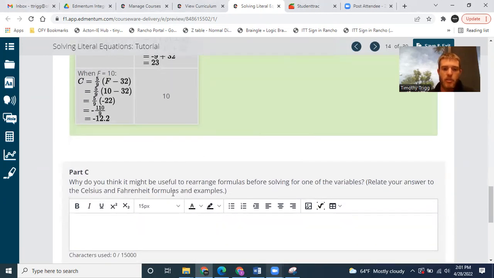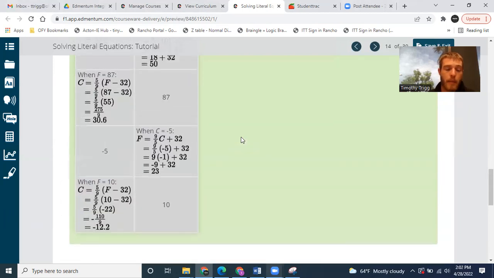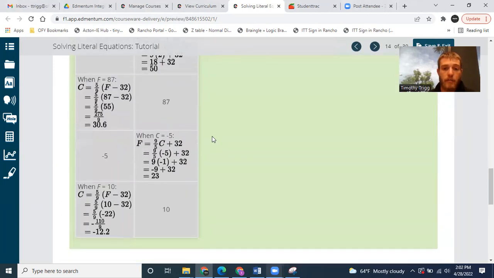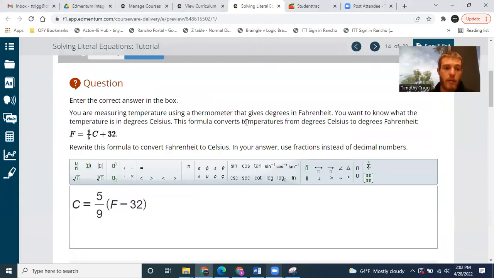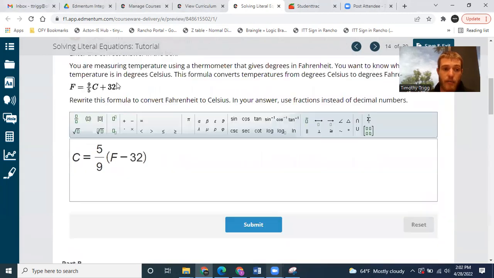Why do you think it might be useful to rearrange formulas before solving for one of the variables? Relate your answer to the Celsius and Fahrenheit formula and examples. All right, so why do you think it might be useful? Well, when we were using this example and we were solving for the Celsius, it would have been more of a pain if we used this one, okay?